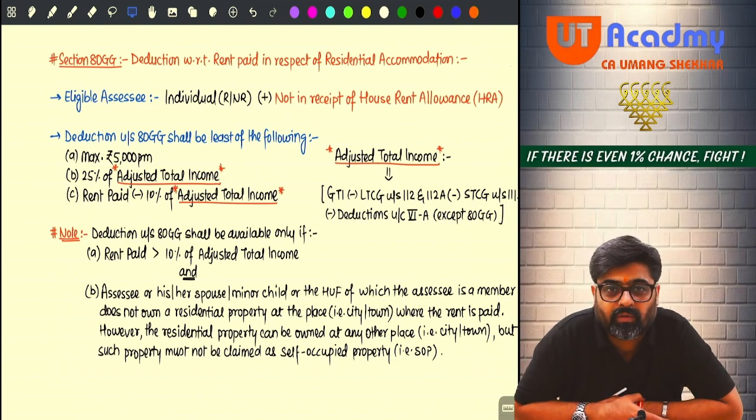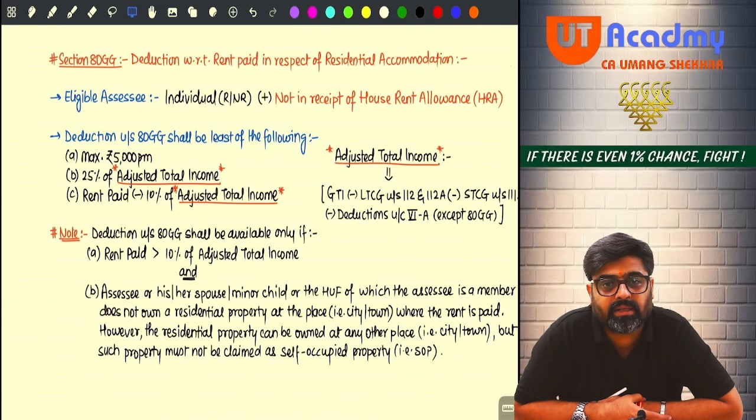And one more requirement. The city where you are paying the rent, in that city the assessee should not own a house property. Not even his spouse, not even his minor child, not even the HUF of which the assessee is the member. If in that city any one of them owns a house, 80GG deduction will not be available.